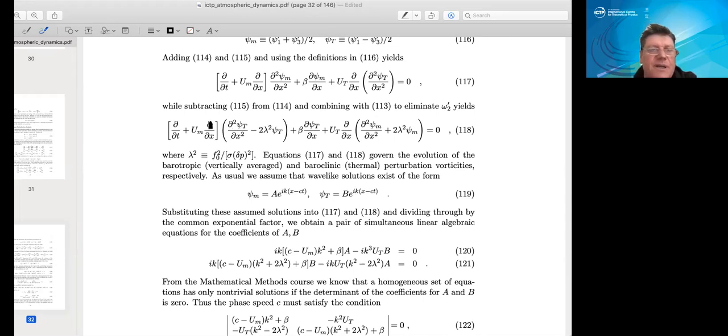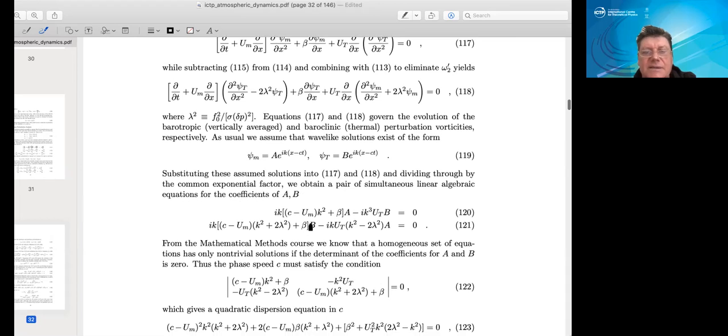Time derivative will give us minus ikc, and so on. So it's very straightforward to do this. This leads us, after dividing by this exponential, to these two coupled equations for our amplitude factors A and B.